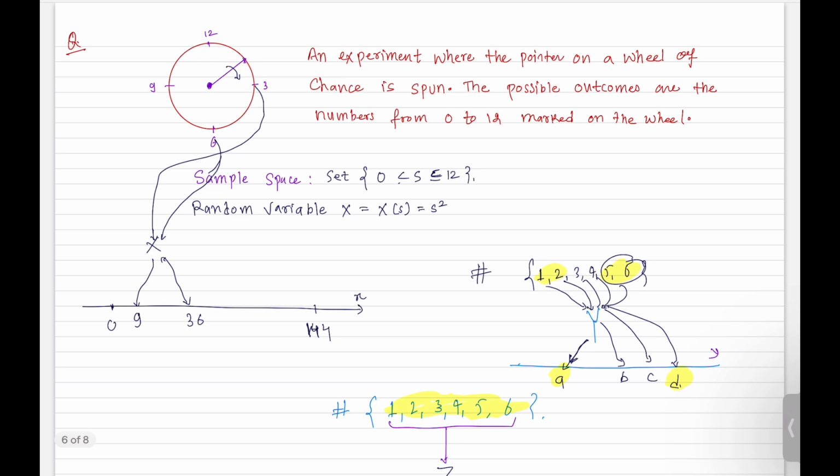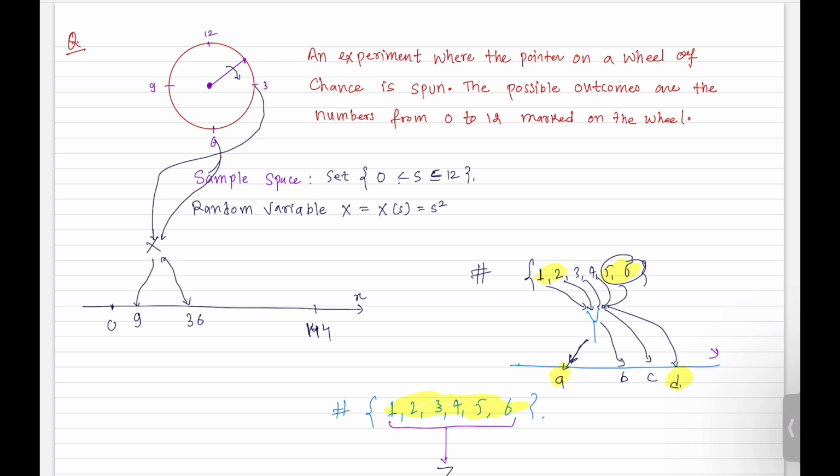So you got my point. Let's suppose we do an experiment where we are rolling a die and we have these possible outcomes, and y is the random variable associated with this experiment. The mapping cannot be multi-valued. What does it mean?